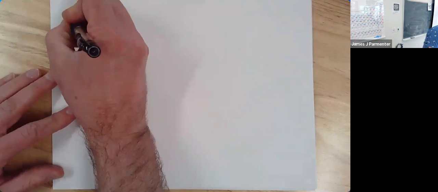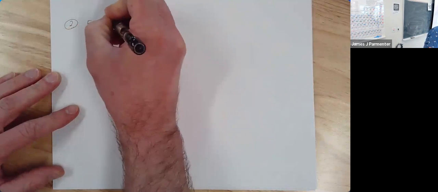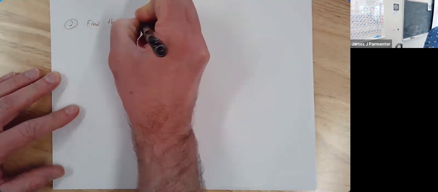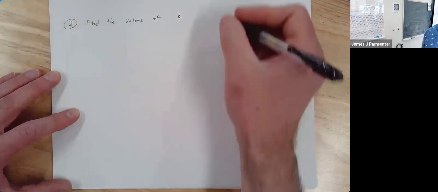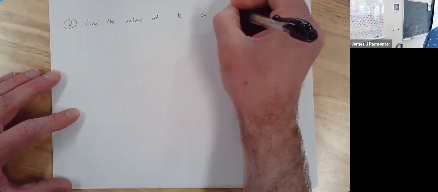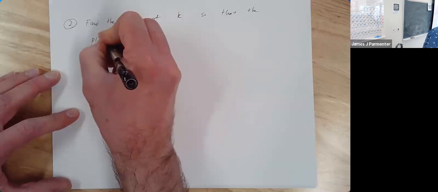So here's a question that I kind of saw as a homework question. I think it's worth checking out for just a second. Find the values of k so that the following two planes are parallel.